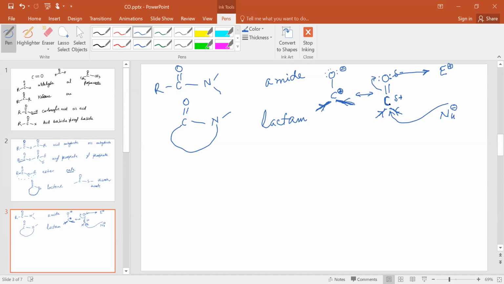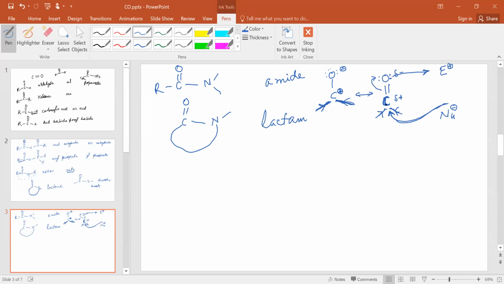So when the charge is neutralized, it will not react with the nucleophile easily, or it will not react at all, because there is less charge or no charge on the carbon. So electron donating will reduce the reactivity of the carbonyl carbon.